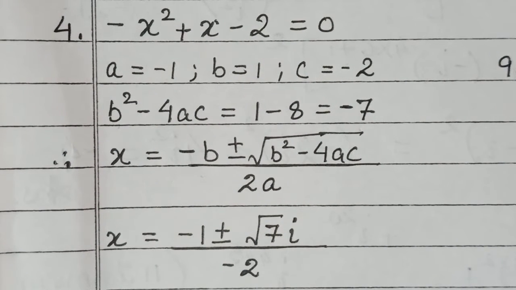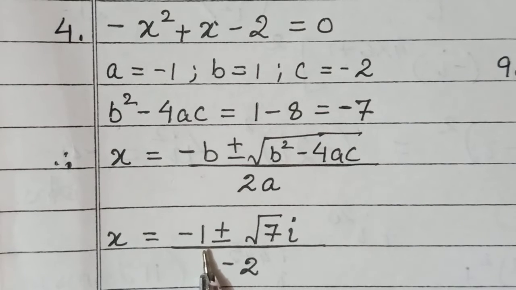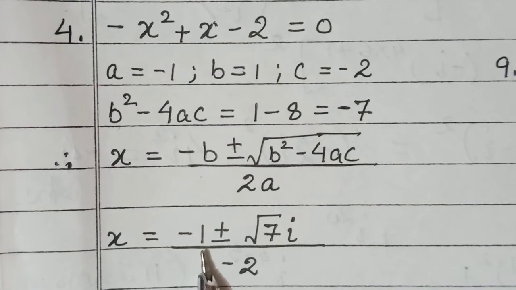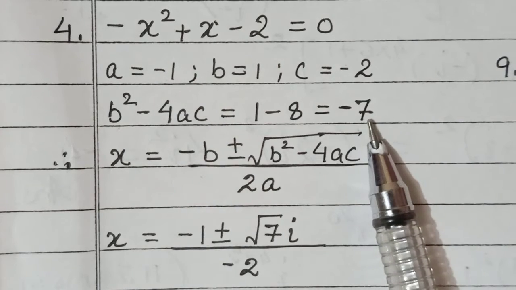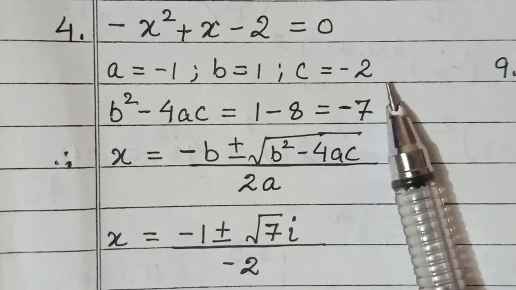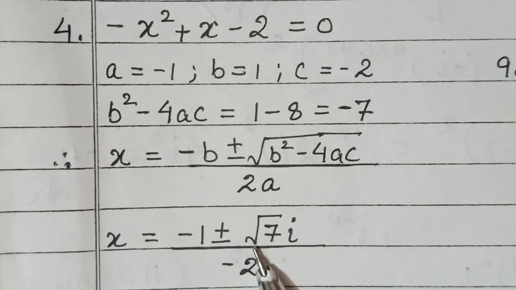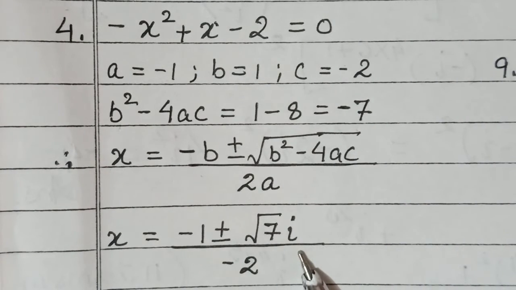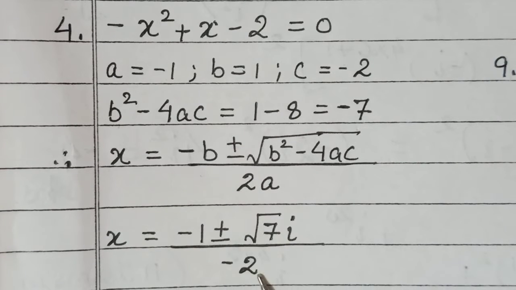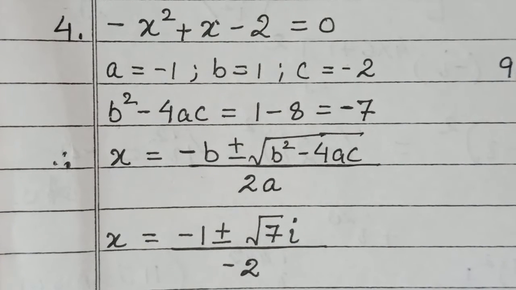So this goes here. b was 1, so this becomes minus 1, and plus minus, now we had already evaluated our D to be minus 7. When you're considering under root of this D, root 7 you will write separately, and the minus sign will be adjusted with this i. And upon 2 into a, a was minus 1, so your denominator is minus 2.